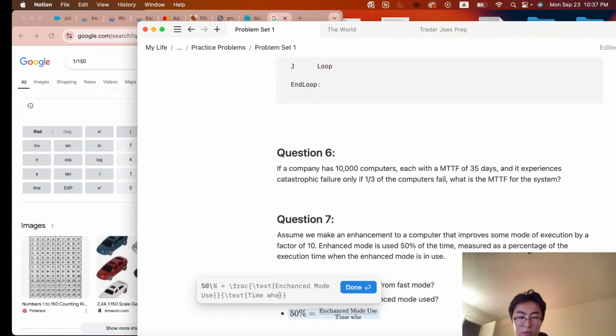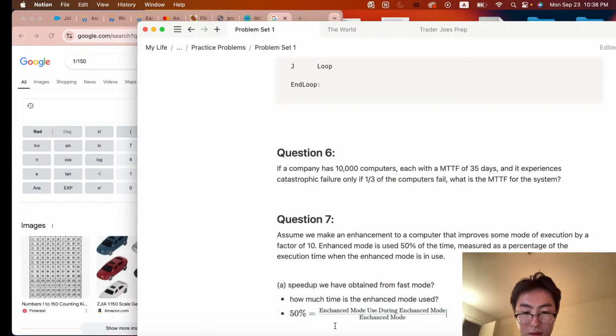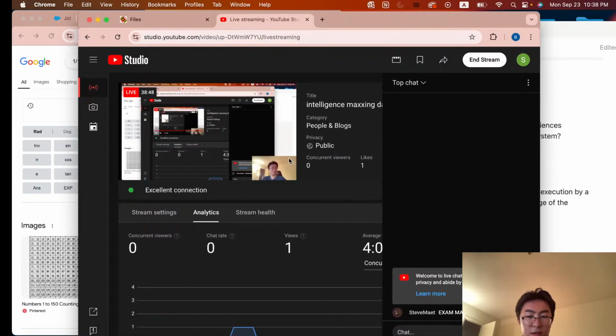So time during enhanced mode. So I guess there's like a meta to it almost, sort of like a second layer.